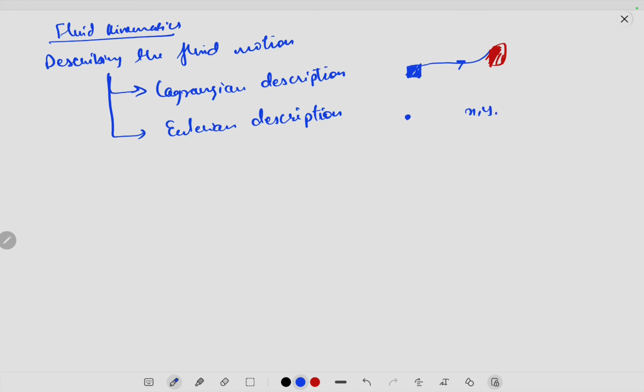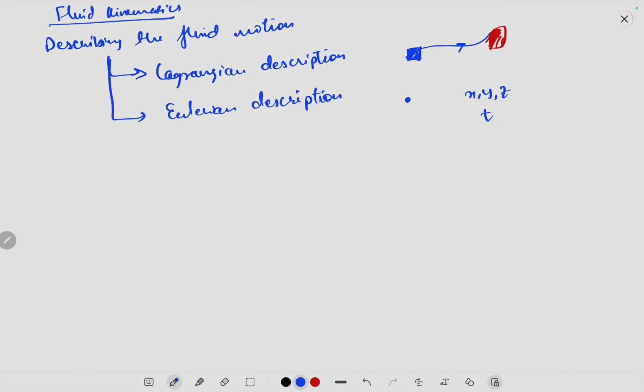So we fix x, y, z and we see the change in quantity in time t. All right, so this is what we learned: the difference between the Lagrangian description and the Eulerian description.